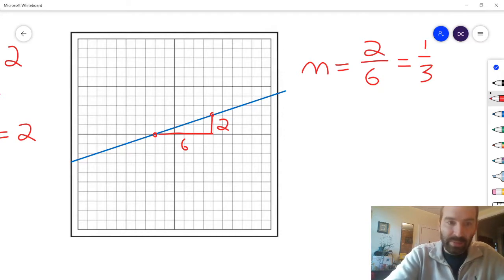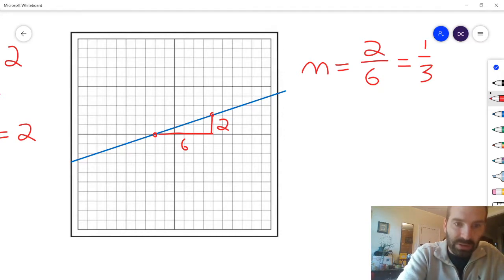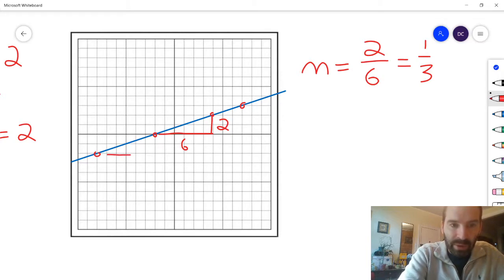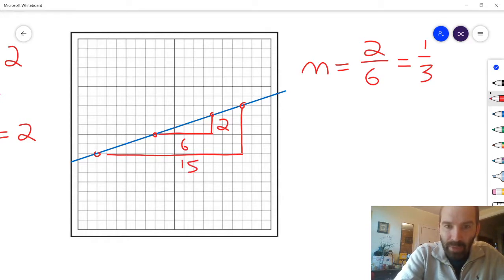Again, it doesn't matter what 2 points I choose. I could have chosen this point and this point. Here my run is 15, and my rise is 1, 2, 3, 4, 5.